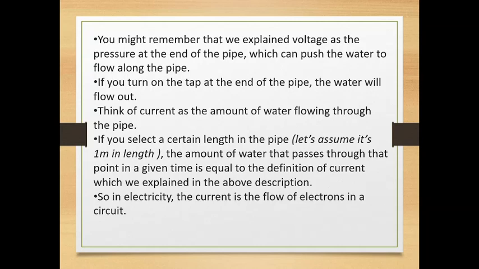If you select a certain length in the pipe, let's assume it's 1 meter in length, the amount of water that passes through that point in a given time is equal to the definition of current which we explained above. So, in electricity, the current is the flow of electrons in a circuit.